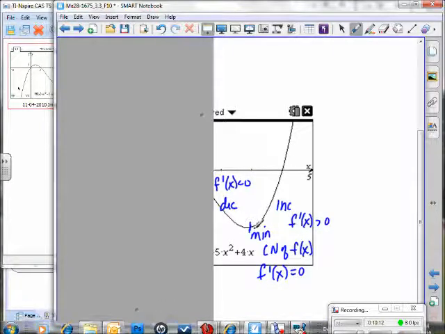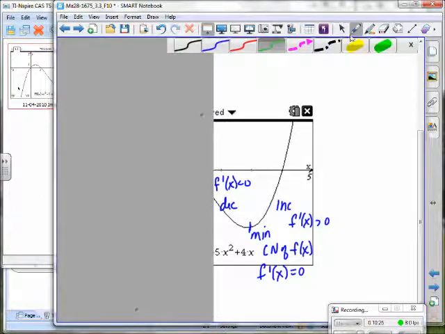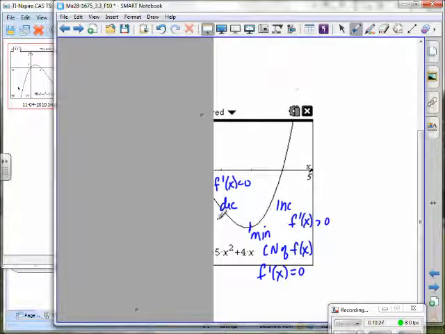Okay? Is this a point also where we're changing direction on this curve? It goes downhill and then it changes direction and goes uphill, decreasing then increasing. Okay? So we can have a similar discussion, and now we talk about the concavity of this. It's not concave down, it's concave up.